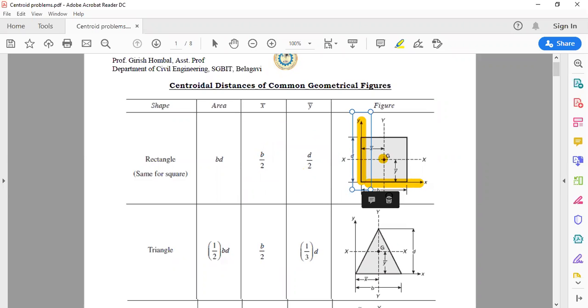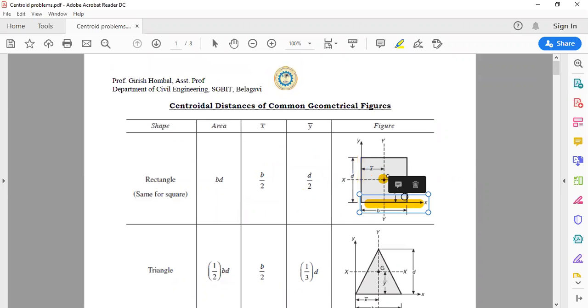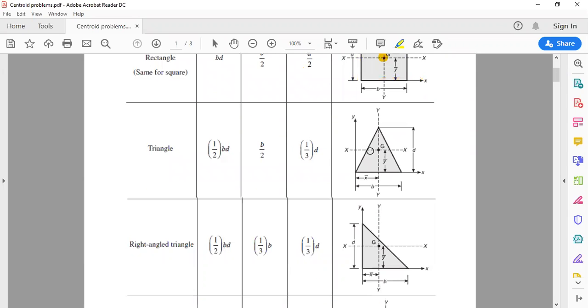Now similarly, let us come to the next diagram, that is a triangle. It can be an isosceles triangle or an equilateral triangle. Again, the reference axes of the triangle are the y-axis and x-axis.